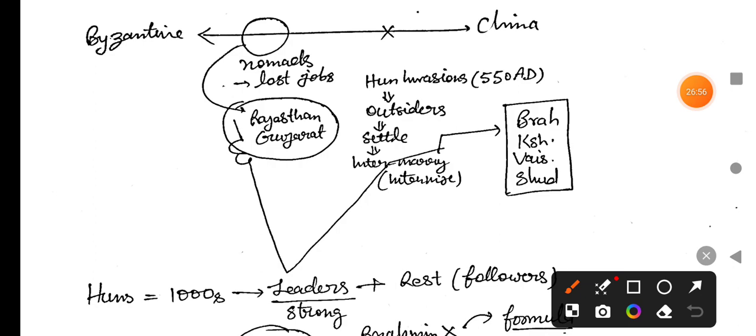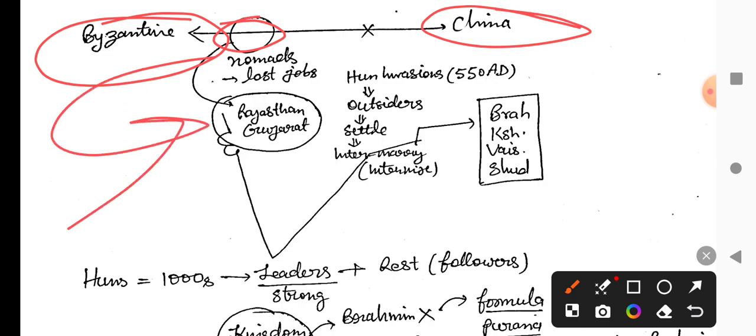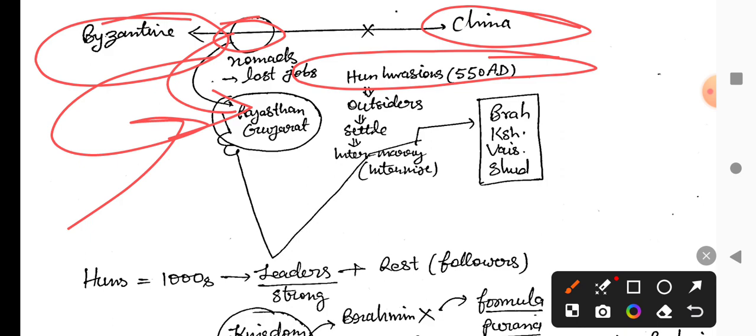And when the trade between China and the Byzantine Empire was destroyed, the nomads who were middlemen lost their jobs, and they settled, and they migrated towards India, in the Rajasthan and Gujarat area, okay. You can see here that the Hun invasions were very severe and damaged India, okay.